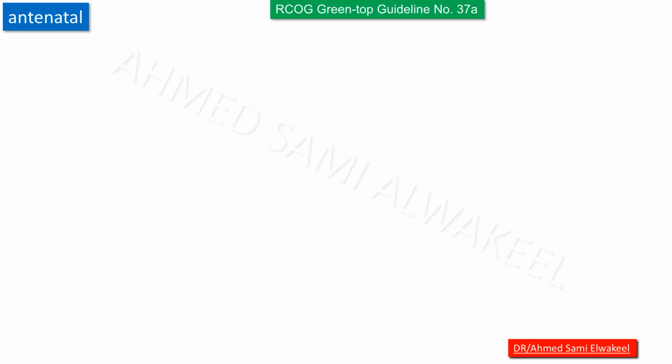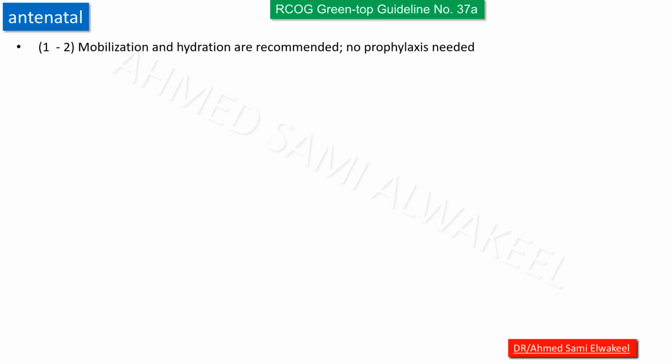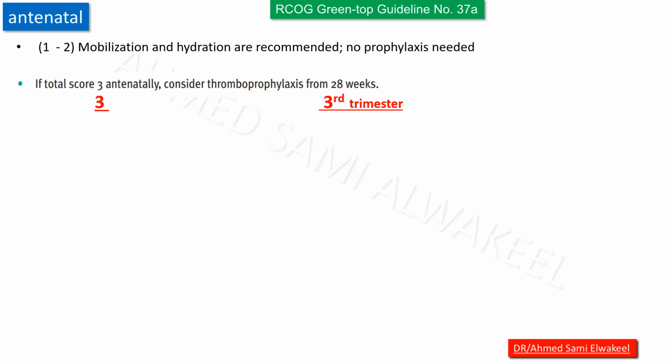According to the risk assessment scoring system, the evaluation begins during the first antenatal visit. Score 1 or 2. Mobilization and hydration are recommended, no prophylaxis needed. If total score 3 antenatally, consider thromboprophylaxis from 25 weeks.